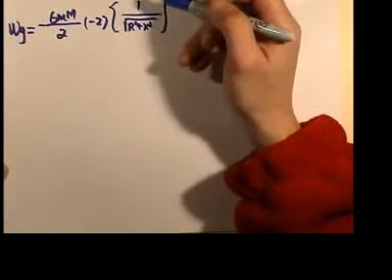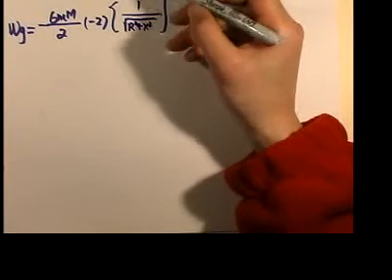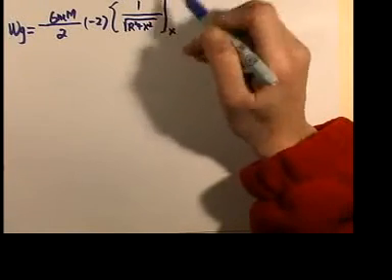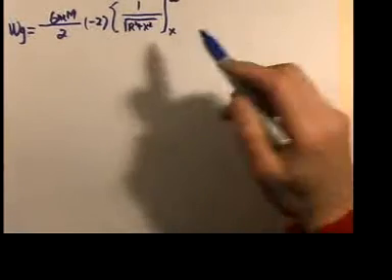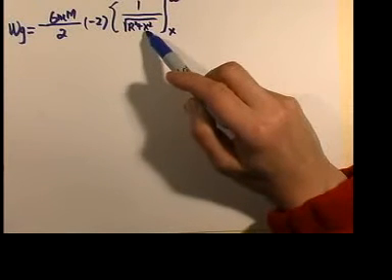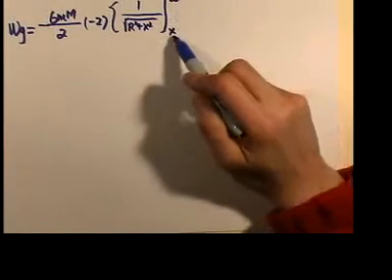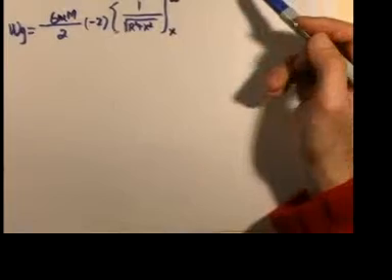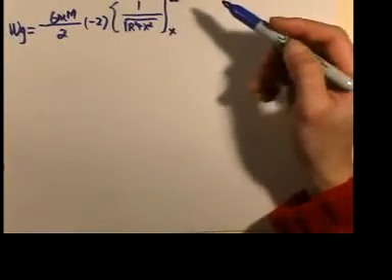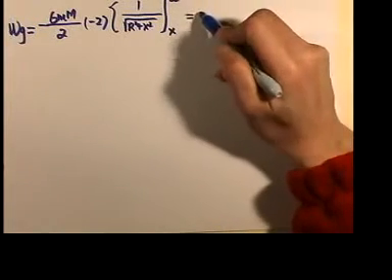From where to where? Obviously, let's say from point x to infinity. When we plug in infinity, this will be 0. And then when we plug in x, that will be this. As we can see, the result is negative 2, negative 2, this cancels out.